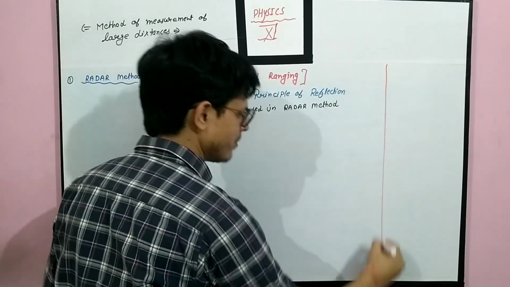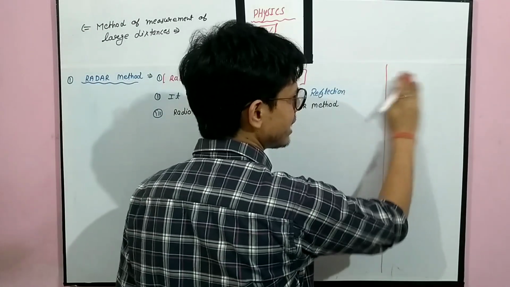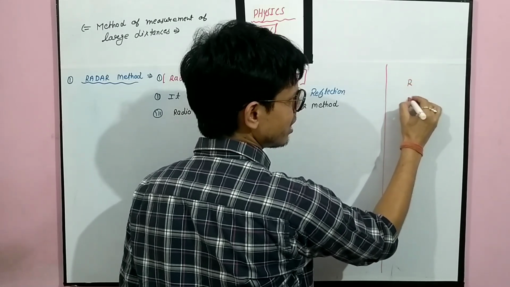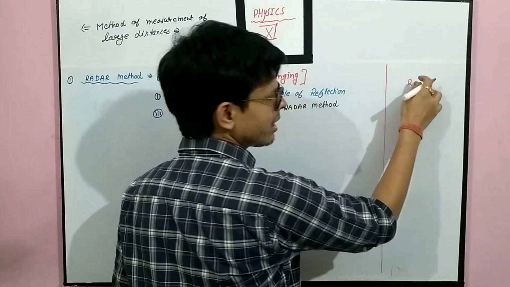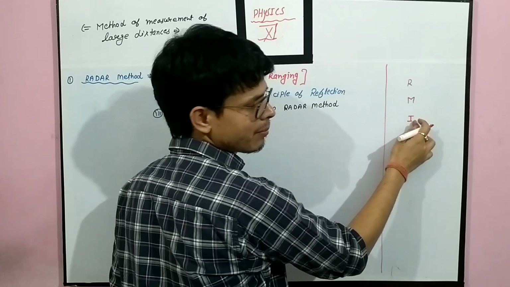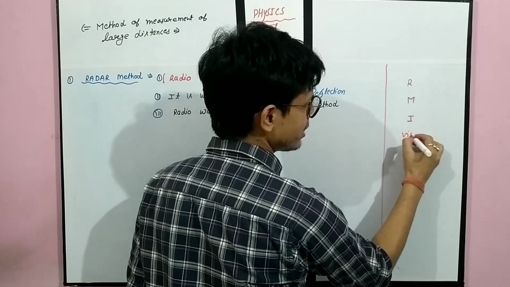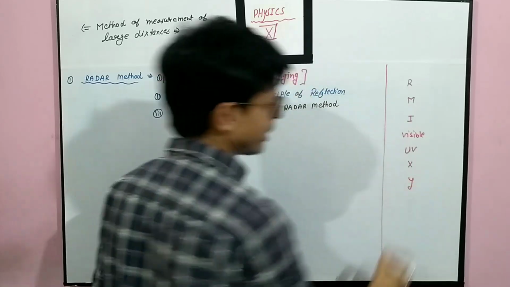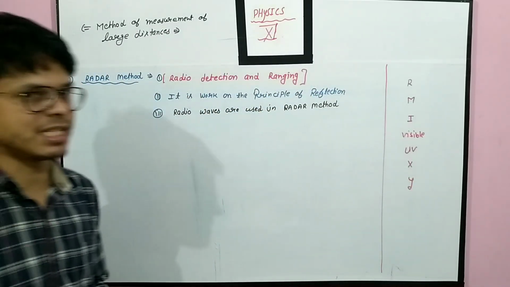When you see the EM spectrum, there you will learn one trick to memorize these waves: Redmi MI visible UV XY ho gaya.